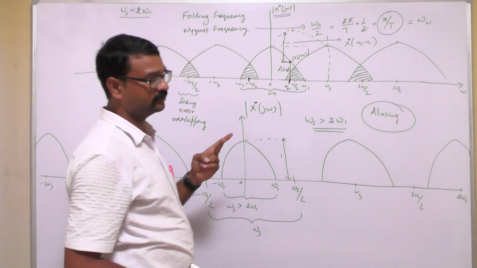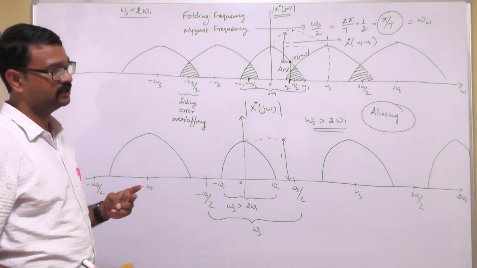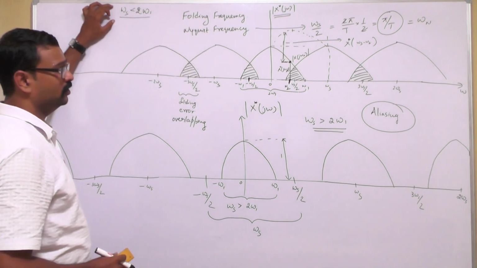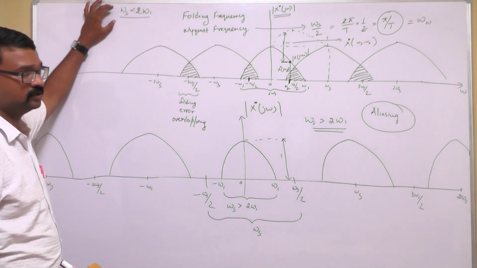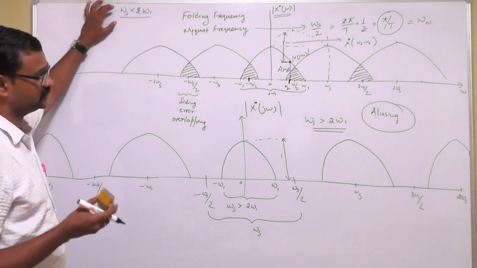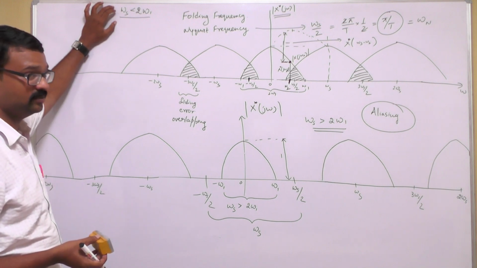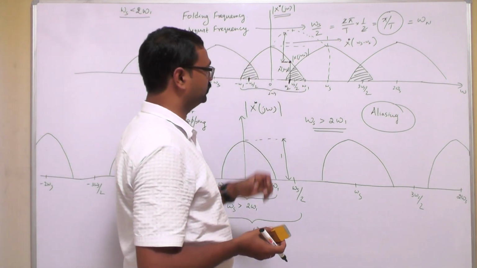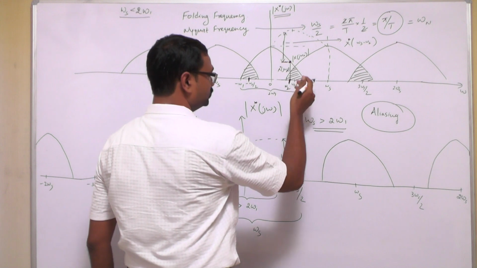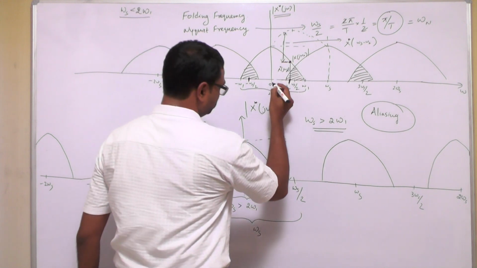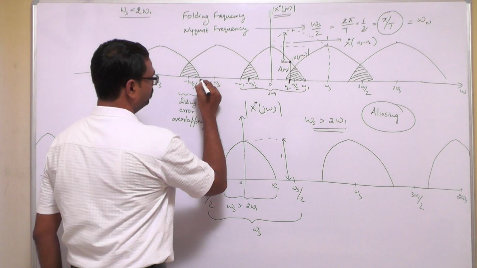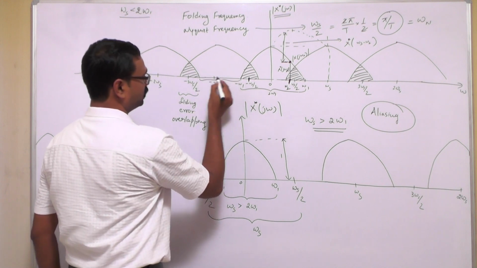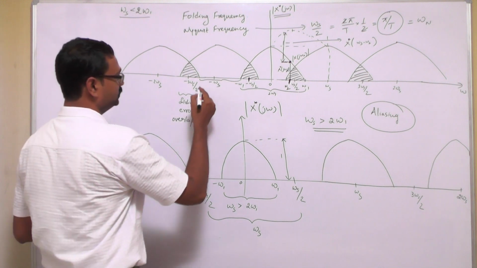That is, there are two frequency spectra existing when you have folding, or when omega s is less than 2 omega 1. When you are sampling any continuous time signal with a sampling frequency less than 2 omega 1, then at any frequency omega 2 in between, you have two components.